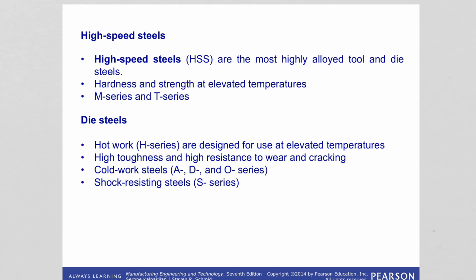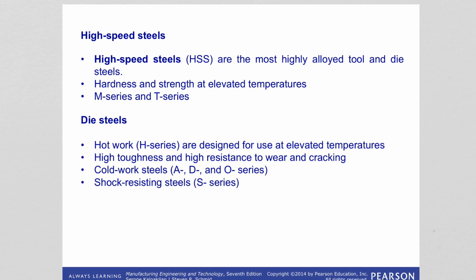Tool steels are divided into major types according to the application and the composition. So we have high-speed steels. These are the most highly alloyed tool and die steels, HSS.